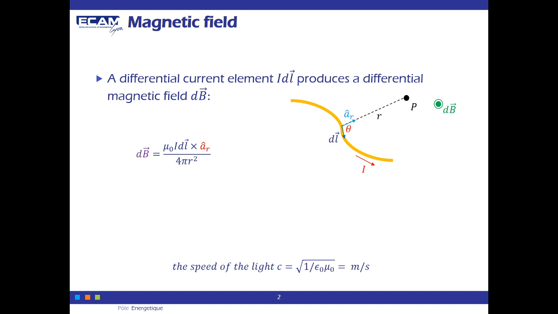Due to this movement of the electrons, we obtain a magnetic field in the surrounding medium of the given conductive material. This is the phenomenon itself.